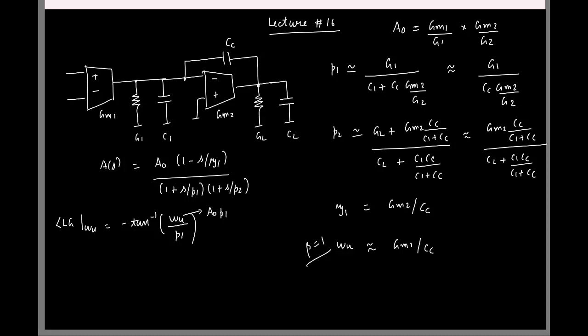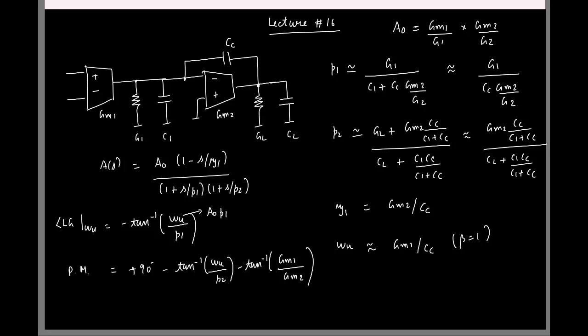So you have minus tan inverse of the DC gain, a very large quantity, which is as good as minus 90. And then you have the phase lag due to the second pole and the zero. So omega U by Z1, which translates to simply GM1 by GM2, right? And the phase margin is in turn 90 minus this. That's all.